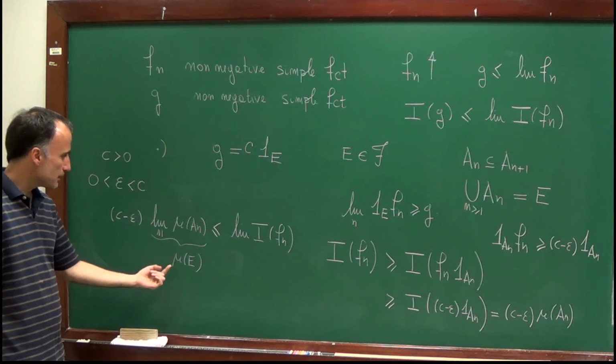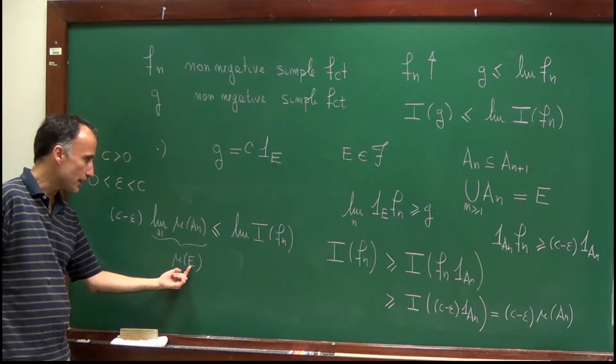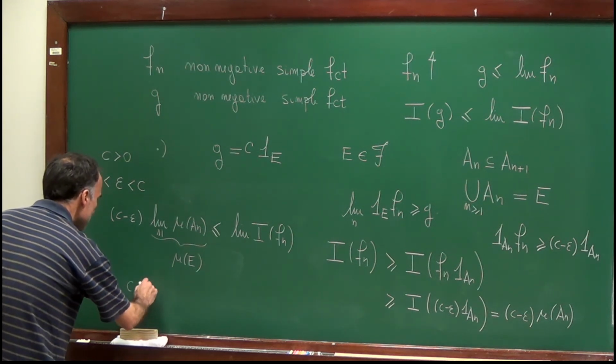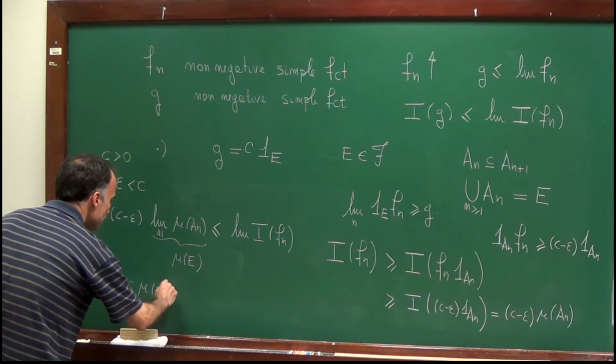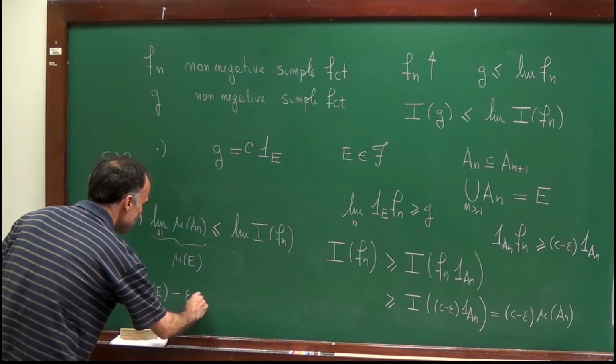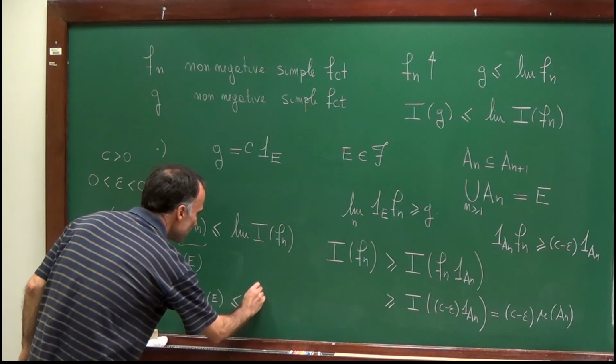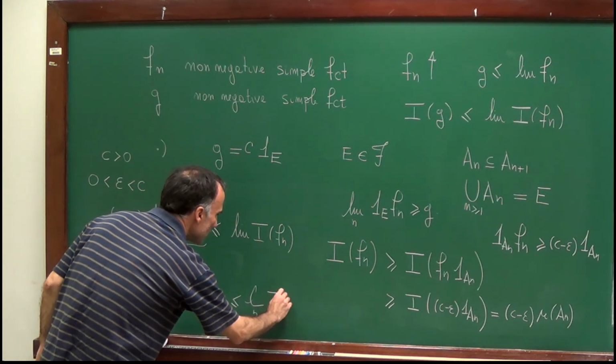There is a second possibility, that mu of E is finite. So in case mu of E is finite, what we have is that c times mu of E minus epsilon times mu of E is less or equal than the limit of I of f_n.